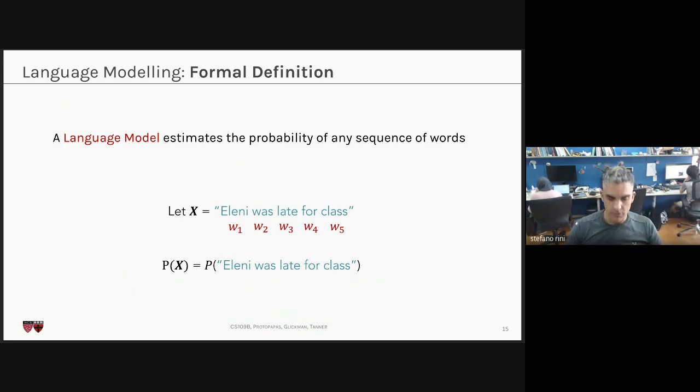The role of a language model is to estimate the probability of any sequence of words. So let's say that we have the sentence, Eleni was late for class. When we put this into a language model, we would like it to estimate the probability of this sentence.